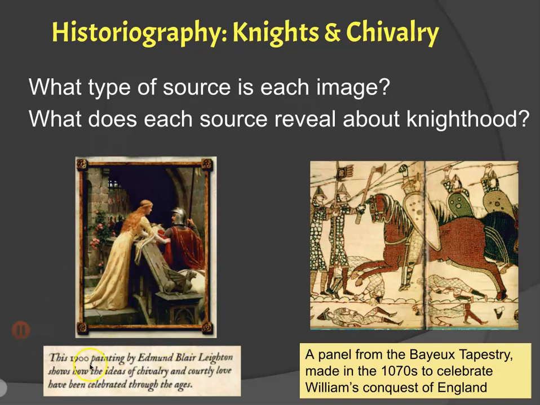The other painting is from the 1900s, which means it is a secondary source, made 4 centuries after the Middle Ages came to a close, and so no one alive in the production of this painting experienced the events firsthand. It's based upon memory or research, which makes it a secondary source.